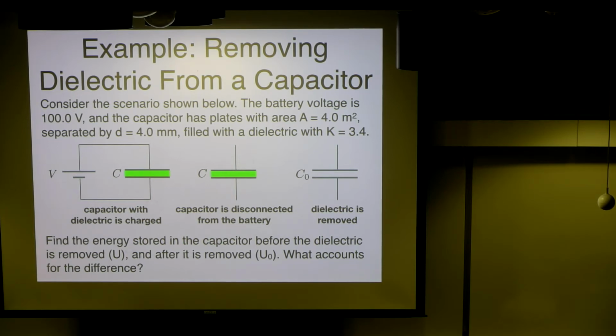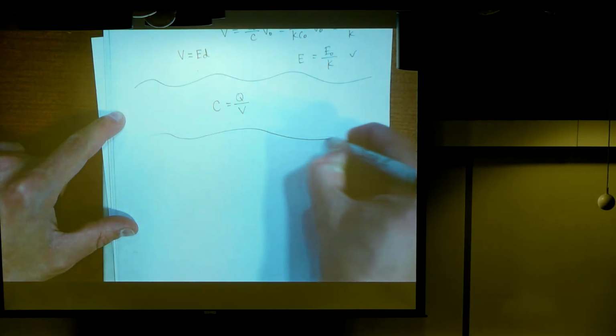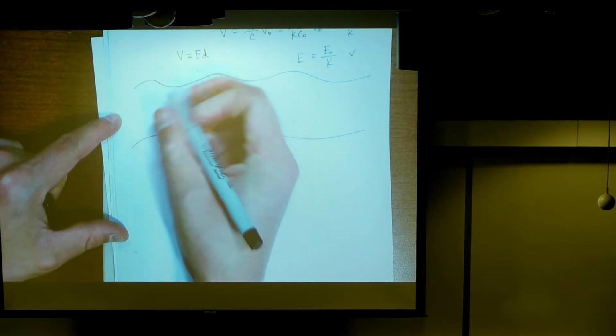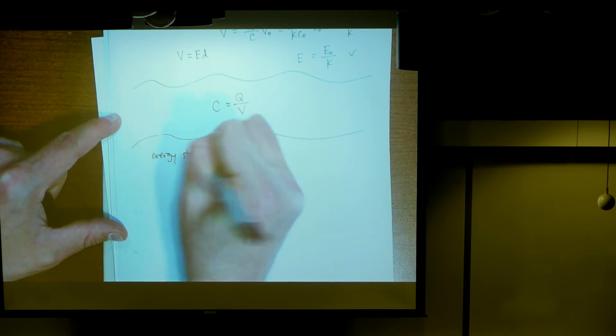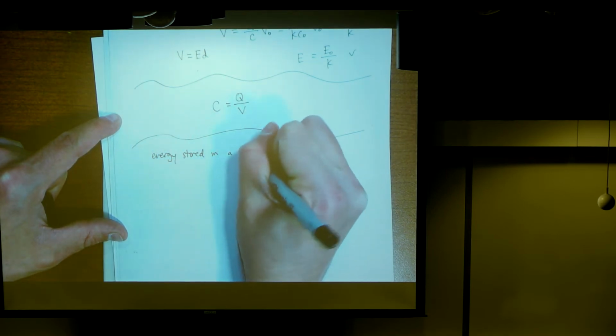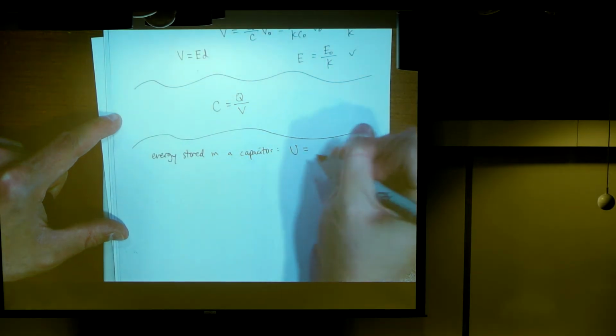Okay, so with that in mind, we know the charge stays the same. So let's find out what that charge is, and let's use it to calculate the energy stored in each of these cases, all right? So let's do that. Can anyone tell me real quick, what is a formula for the energy stored in a capacitor? This is given by uppercase U, if you recall.